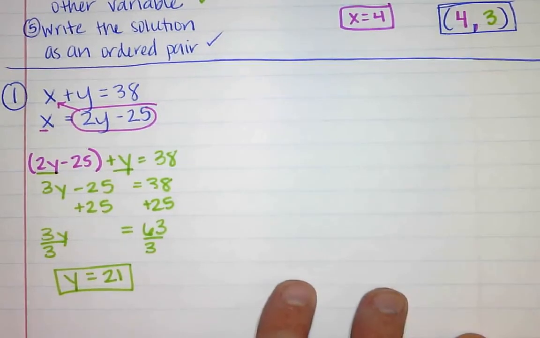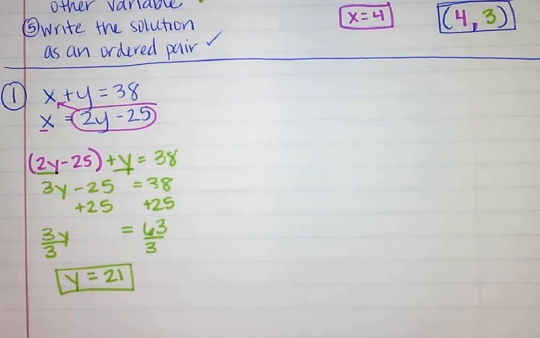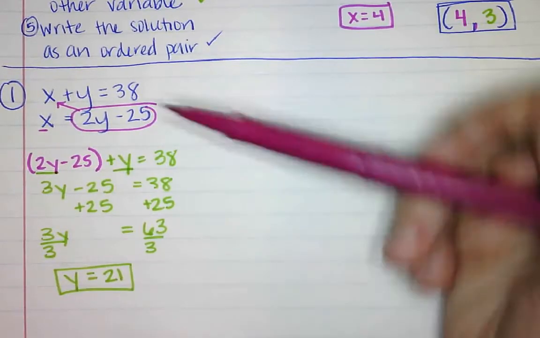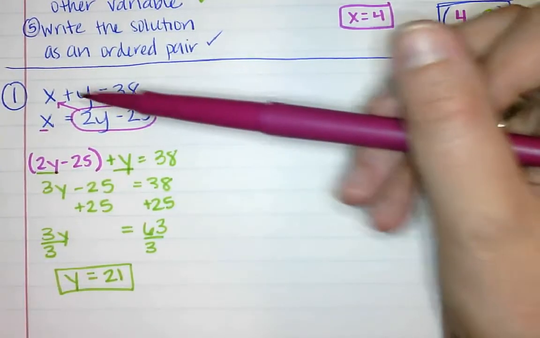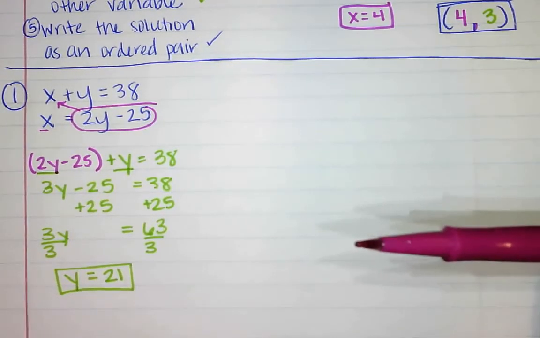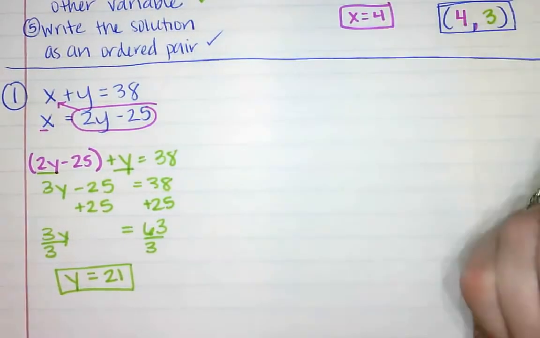Now that we know our y value, what do I do to find the x value? Does it matter which one you plug it into? For this one, they're kind of the same in terms of hard, right? You could plug in 21 here, or you could plug in 21 there. It's not a big deal, okay?